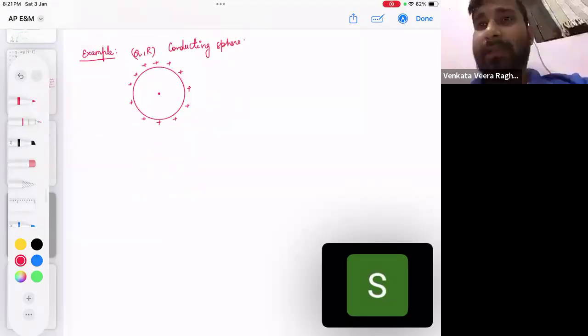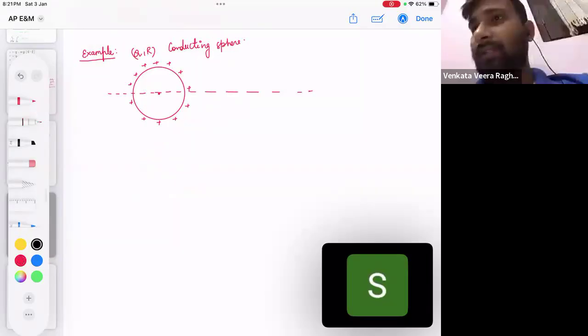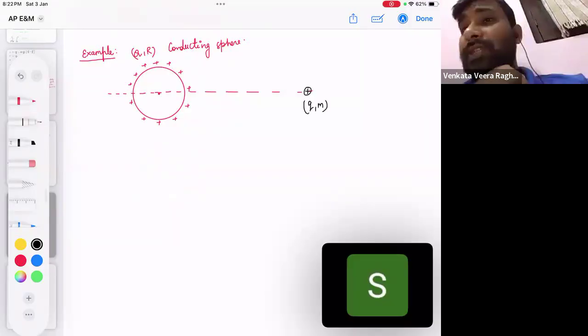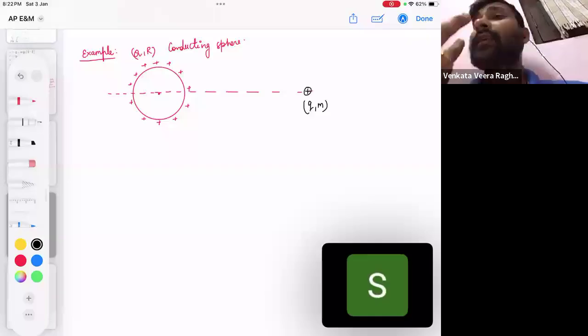Okay, let's say along this diameter line I'm going to keep another charged particle, but the problem is what? This other particle is also positively charged and it has some mass. Please tell me, can this positively charged particle reach the conducting sphere on its own?